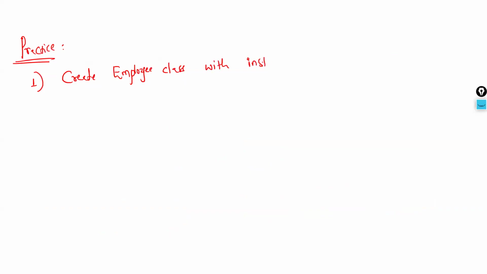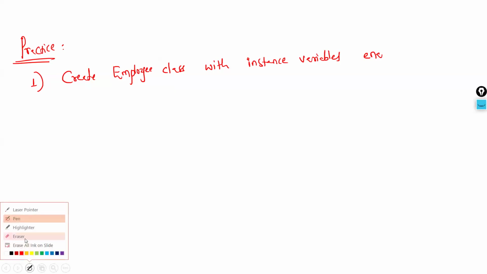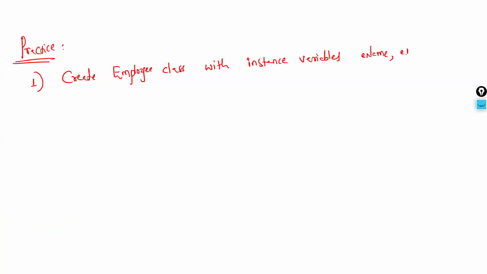What are the instance variables? E-name, employee name, following camel naming standards, then EID, employee ID, then E-salary, employee salary. Three instance variables within a class.